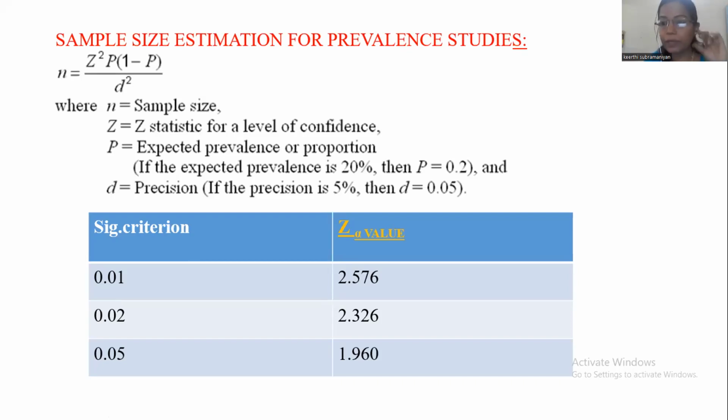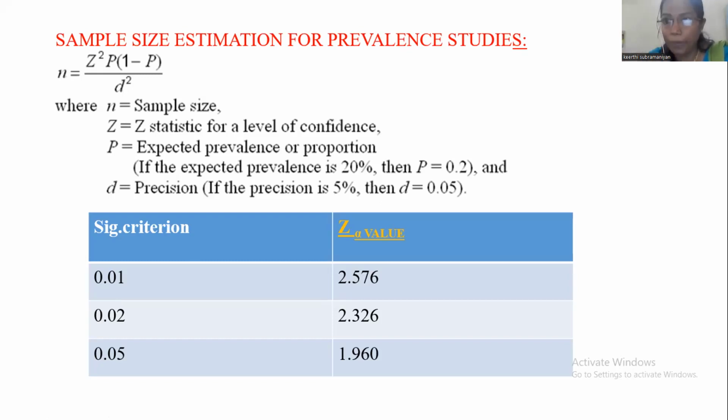I'll give you an example. If I want to check the prevalence of COVID-19 in, say, Madurai city, I have to get a little bit of data. How much prevalence is there in Madurai? How can I get it?